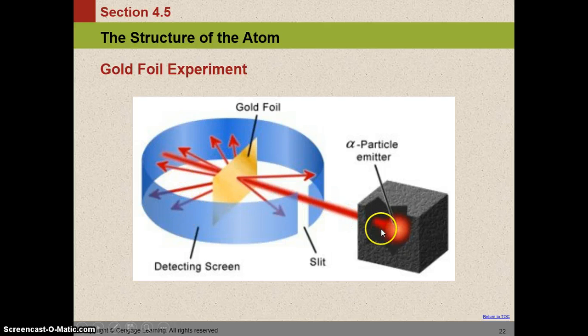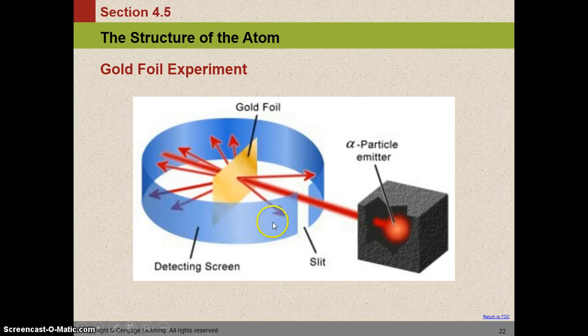So he set up a gold foil experiment, and he used an alpha particle emitter, and he used gold foil. And his thought was, if the plum pudding model was correct, this alpha particle emitter would just pass through to the other side without problems.